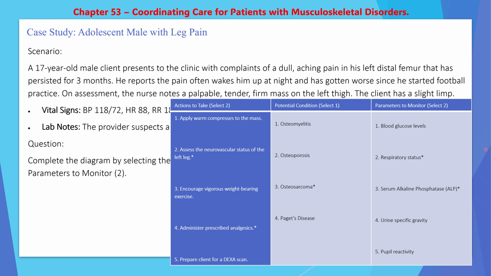So the incorrect options: blood glucose and urine specific gravity are not specific indicators for bone cancers.